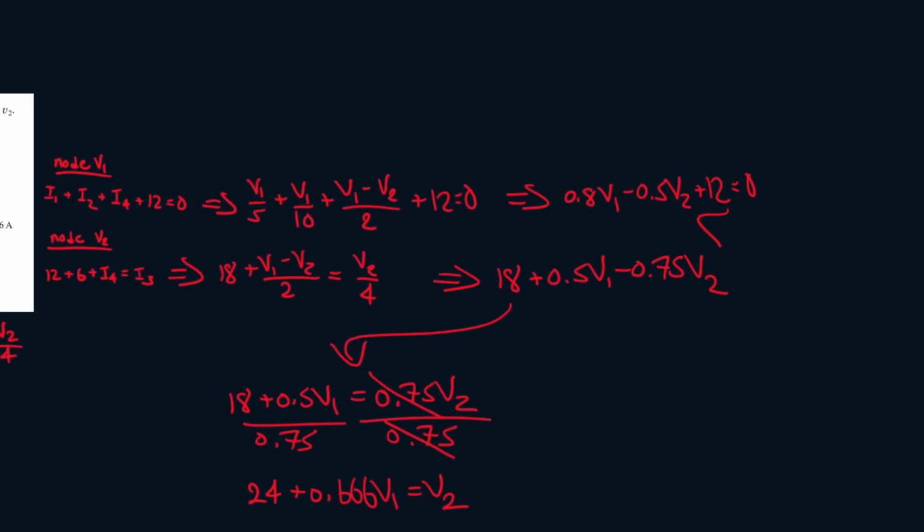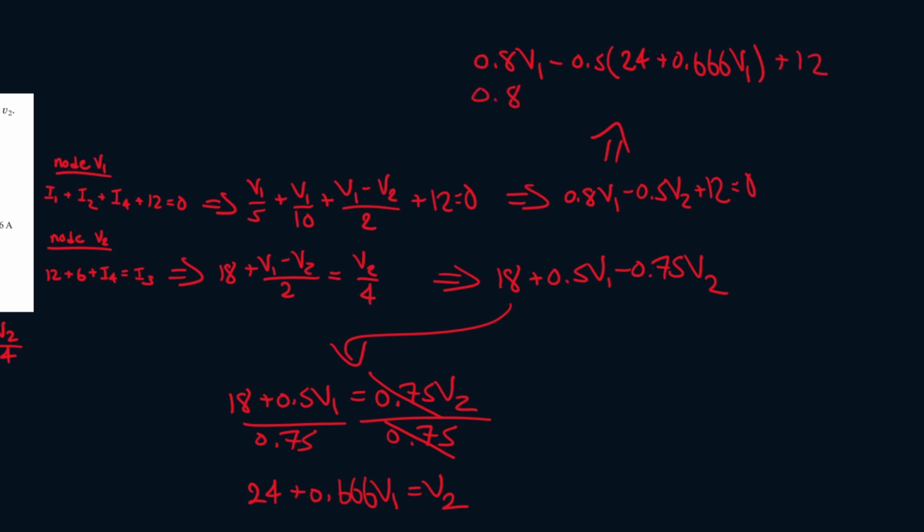So this one, it'll look something like this. 0.8 V1 minus 0.5 times V2, and V2 was 24 plus 0.666 V1, plus 12.